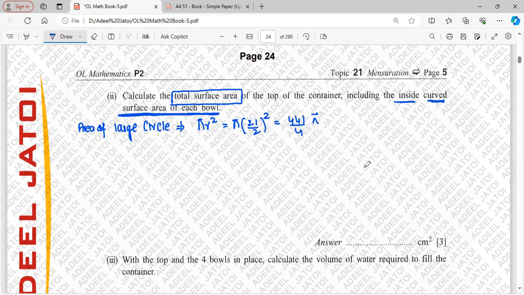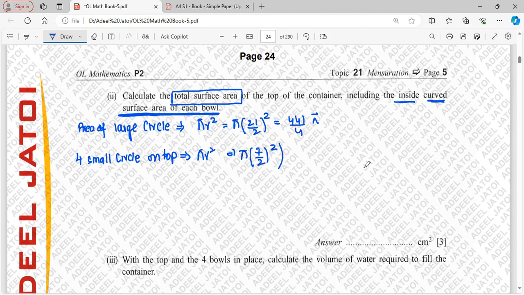Then we need to subtract the 4 small circles on top. So pi r square again, but the diameter here is 7, so 7 upon 2.